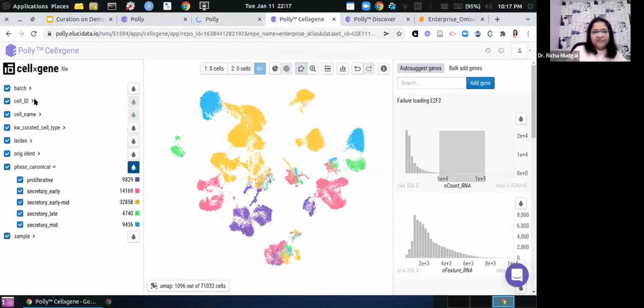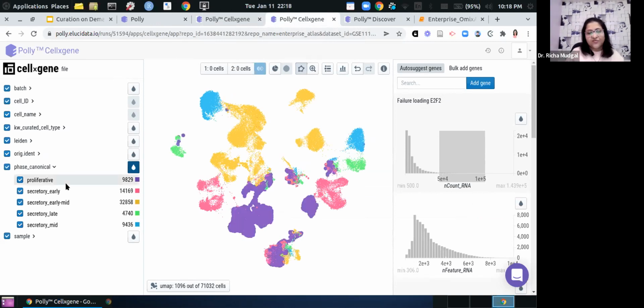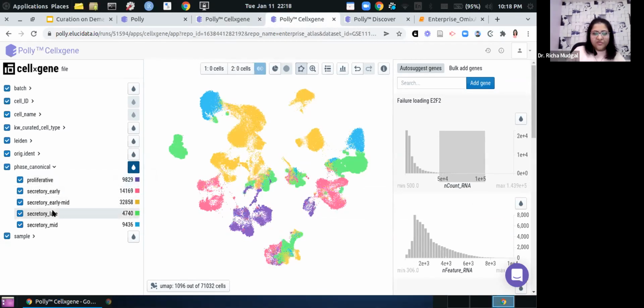The curation of the metadata has made it so easy for you to explore, where you have the cell type identification, and also the phases in which the different endometriosis cells are, for you to further analyze.